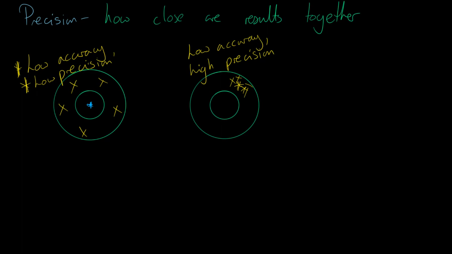What that would indicate in an experiment is you are not close to the true value, which is in the center. This suggests that there is some sort of systematic error in your method, by which it means your results are all wrong, but they're all wrong by the same amount. It suggests that there is something up with your method. Maybe a piece of equipment you've got is not measuring properly, and it's not measuring properly the same every time.